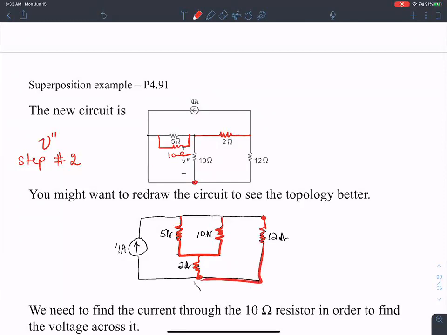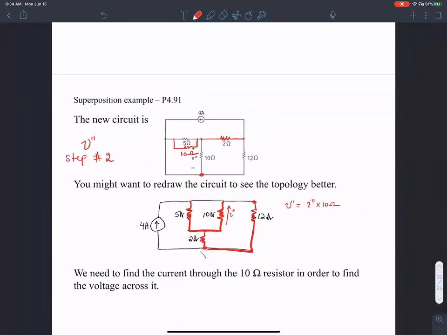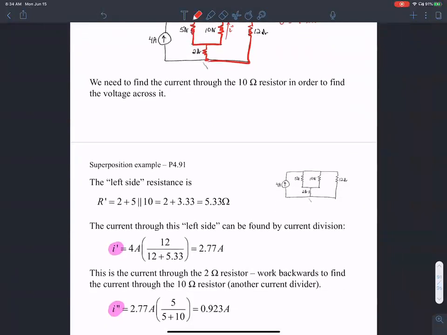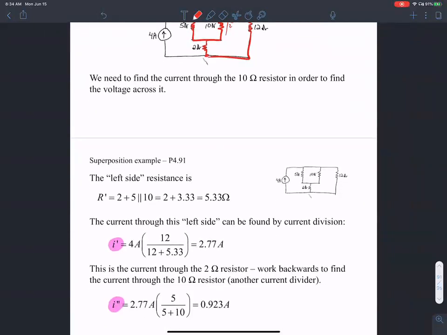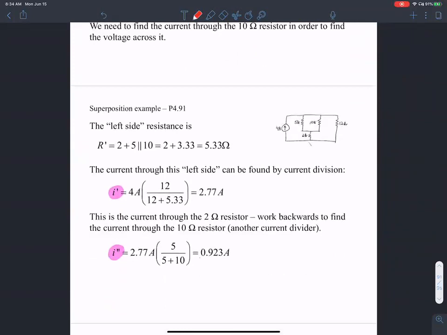So once we do this, finding the current I double prime through this 10 ohm resistance, times 10 ohms, will give me the value for V double prime. So that's my plan. We need to find the current through the 10 ohm resistance, and once we go through the steps, we'll see that this is 0.923 amperes.